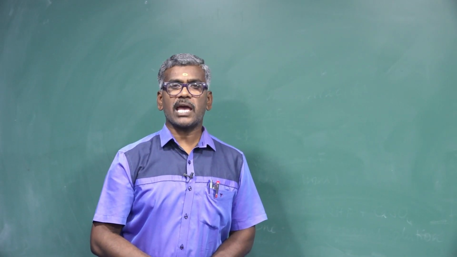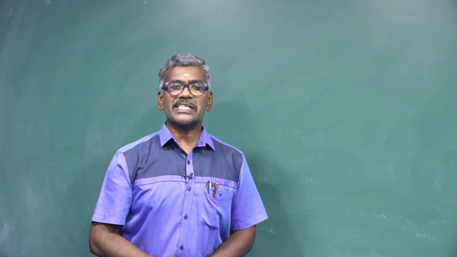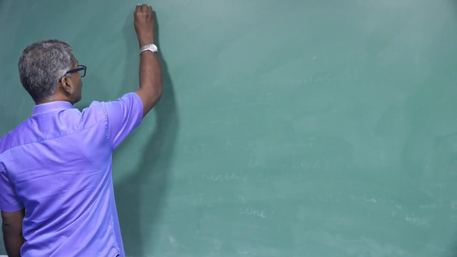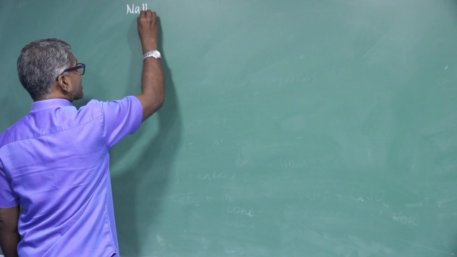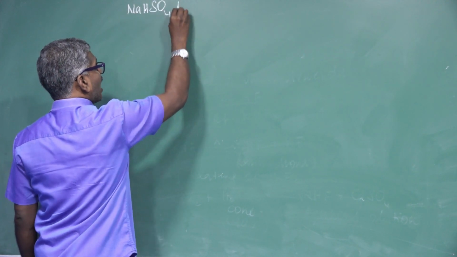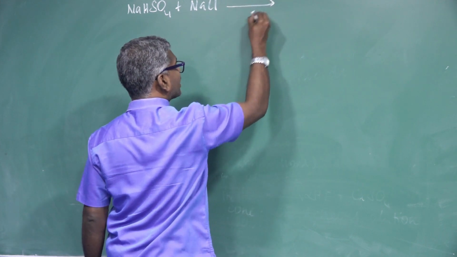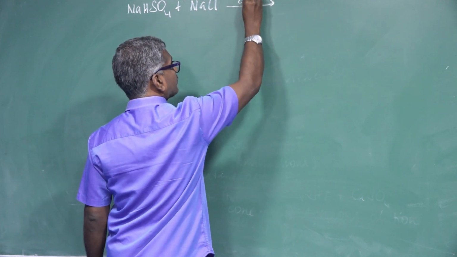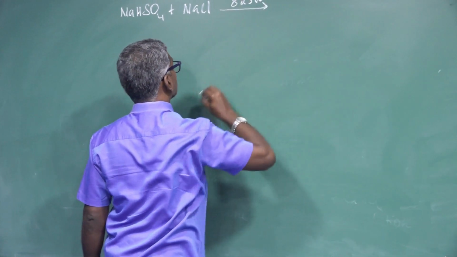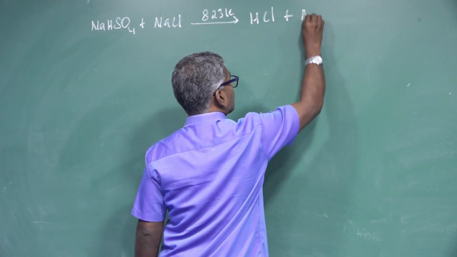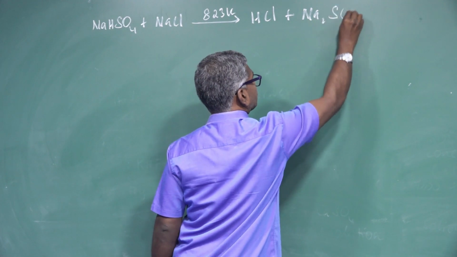In the salt cake method, the mixture of HCl and sodium bisulfate reacts with sodium chloride at a high temperature, 823 Kelvin, forming HCl plus sodium sulfate.